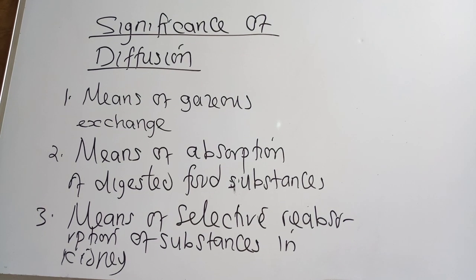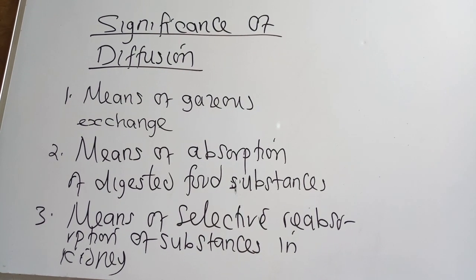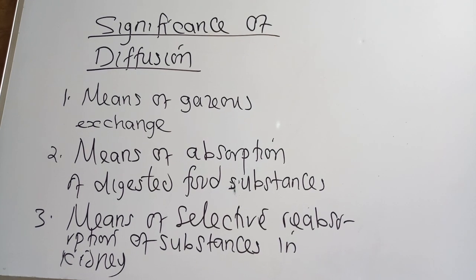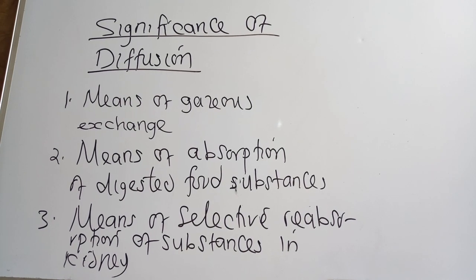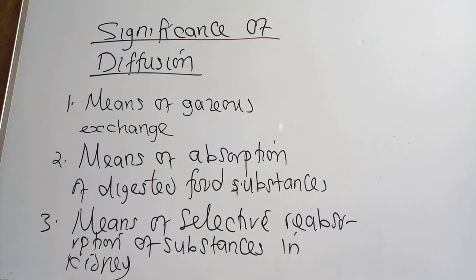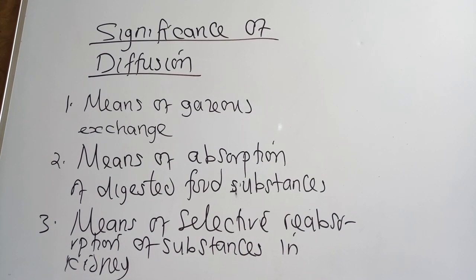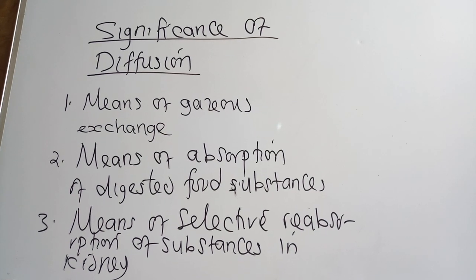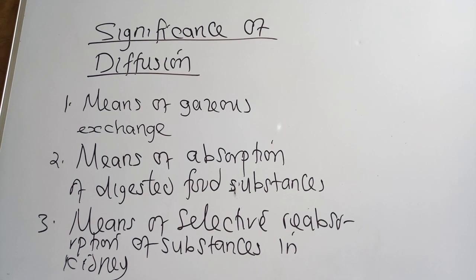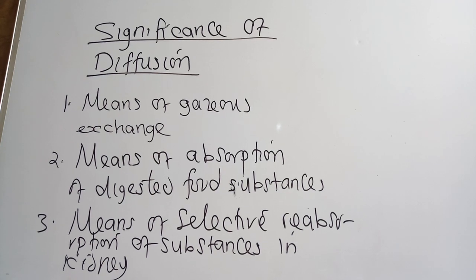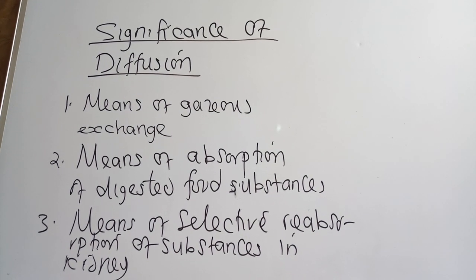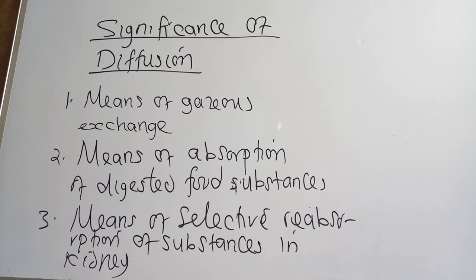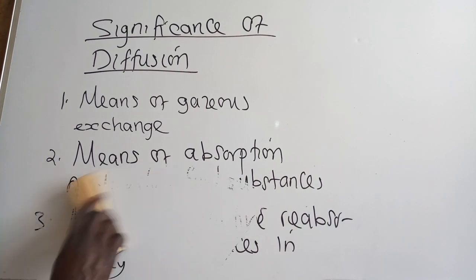After the process of ultrafiltration, useful substances like amino acids, which are small sized, and glucose can filter out. These useful substances, glucose and small sized amino acids, will then be selectively reabsorbed back into blood. That selective reabsorption of glucose and small sized amino acids, which takes place within the nephron, takes place through the process of diffusion.